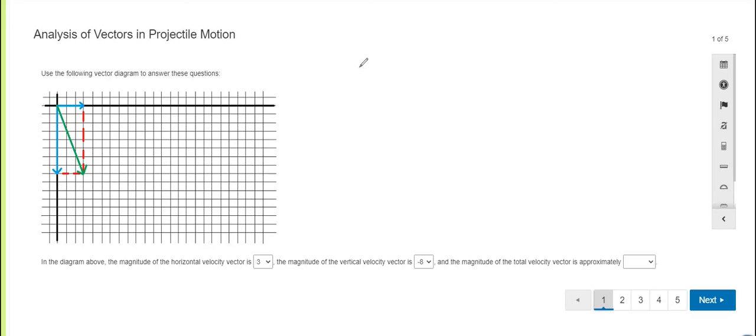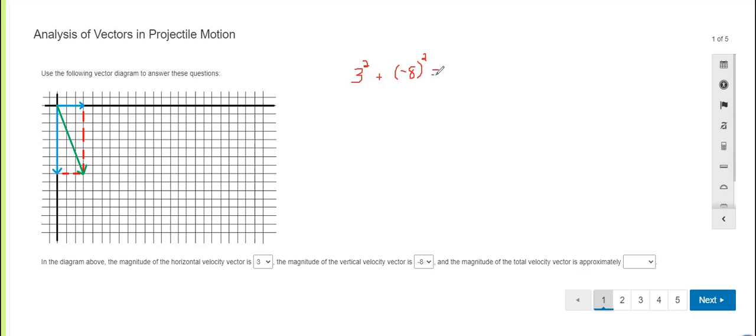So we have 3 in the x direction, and we're going to square that. Then it was negative 8 in the y direction because it's 8 down, and we're going to square that.